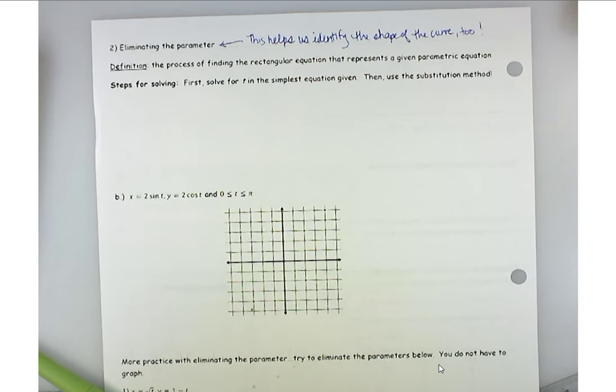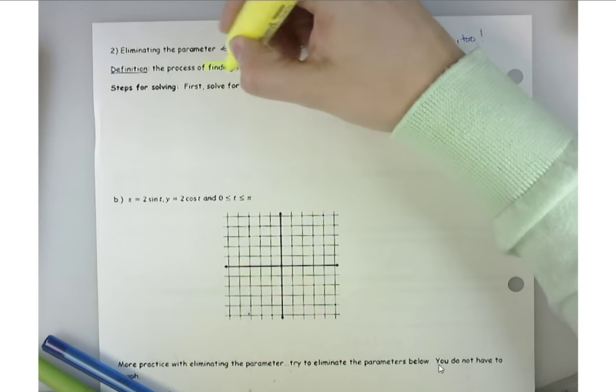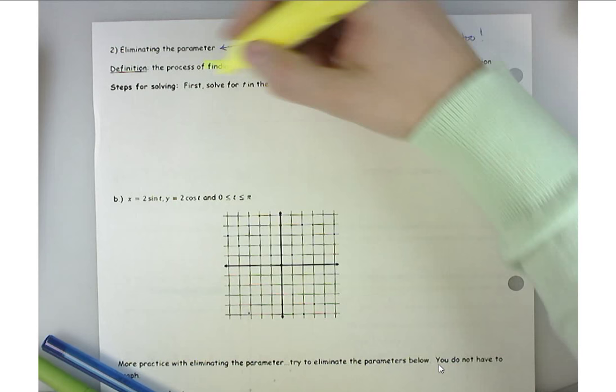So sometimes you're going to have to eliminate the parameter and you won't have to graph it. Okay, so that could give you a good indication about what the graph is going to look like. So the definition, it is just the process of finding the rectangular equation that's going to represent the given parametric equation.